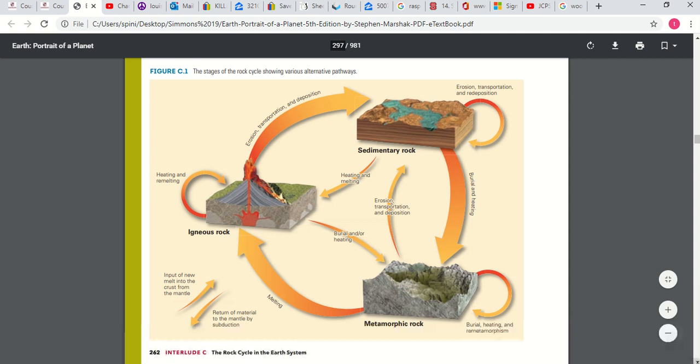So let's look at the cycle here in relationship to each other. Let's start with igneous rocks, since we like to think of them as the beginning, and your book points that out down there in the bottom left-hand corner, where igneous rocks can be made and destroyed in the mantle. Igneous rocks, as we know, are made from heating of molten material in the mantle, and then by some means, usually volcanic, these rocks come to the surface.